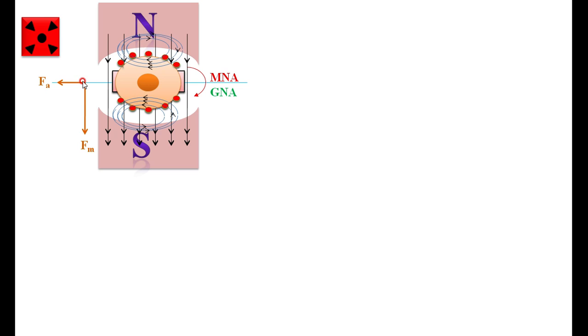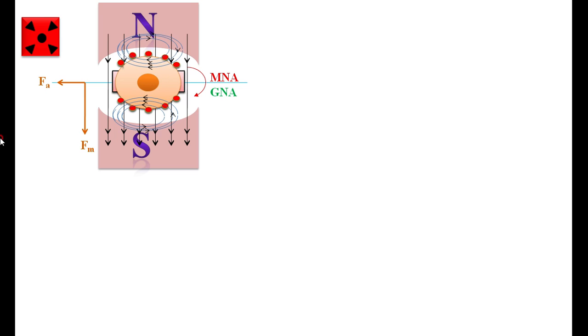Now, there are two fluxes acting simultaneously. One is Fm, the other one is Fa. What is the resultant flux in the air gap? Because of the resultant flux, we get the magnitude of the induced EMF and the voltage across the terminals of the load.